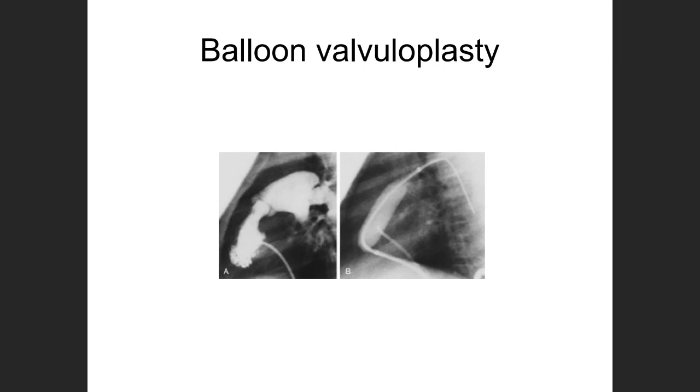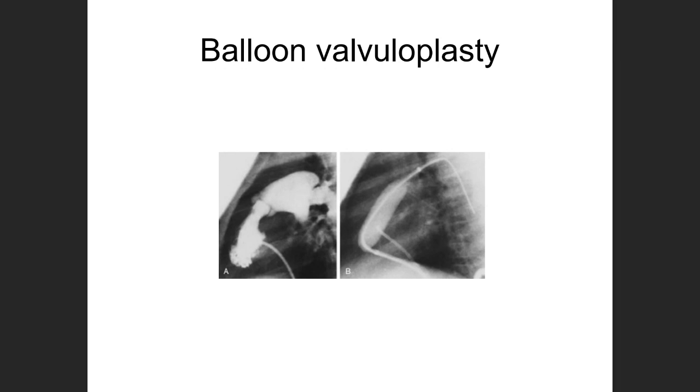In balloon valvuloplasty, a collapsed balloon catheter is introduced into the groin of the patient in the femoral vein and into the IVC, the right atrium, and the right ventricle. And this collapsed balloon catheter is passed across the pulmonary valve.